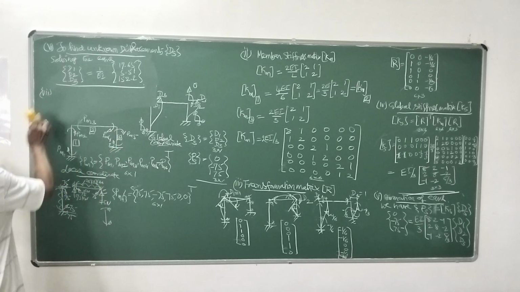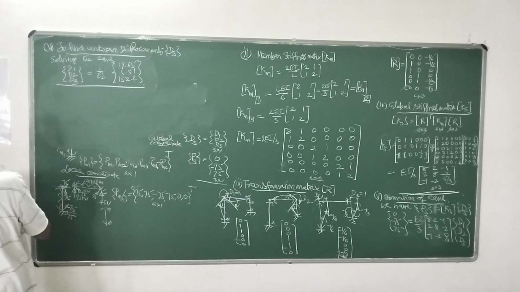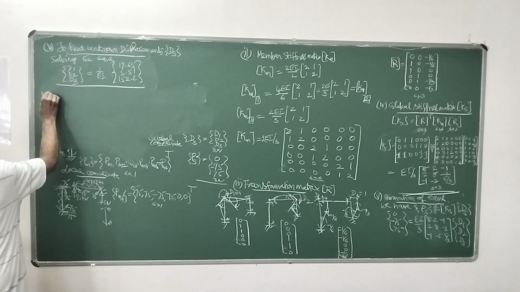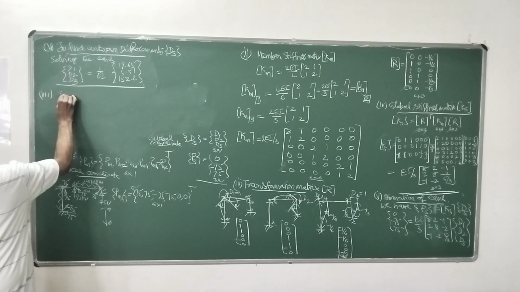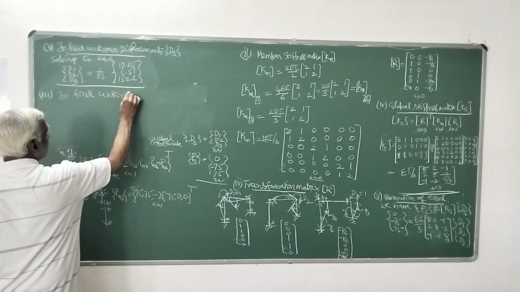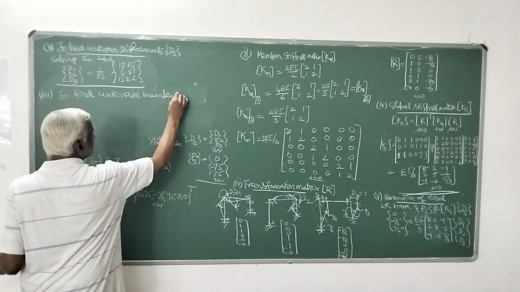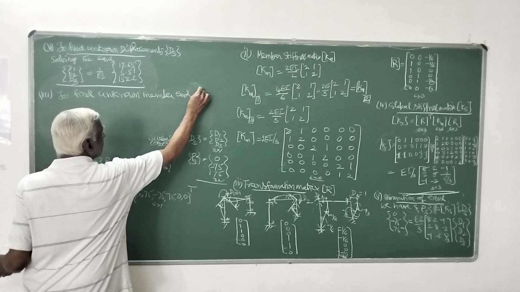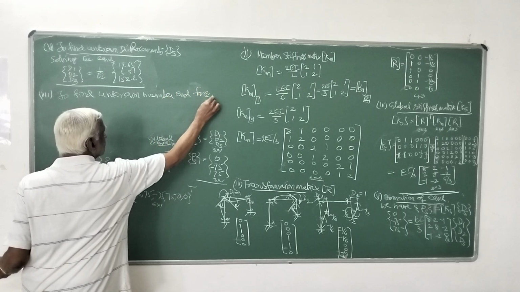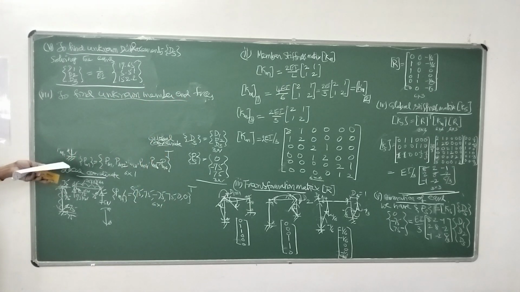So after this, the last step is to find the unknown member-end forces. The unknown member-end forces are PM1, PM2, PM3, PM4.